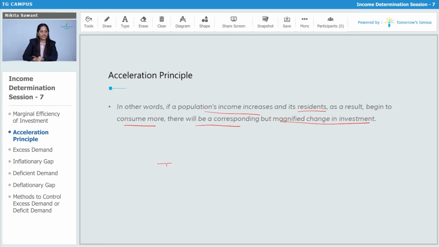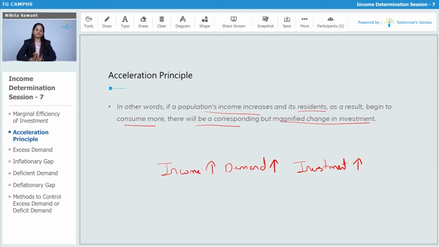So if income increases, eventually the consumption will also increase. That means demand will also increase. So if income increases, demand will also increase, and if demand increases, investment will undergo a magnified change.